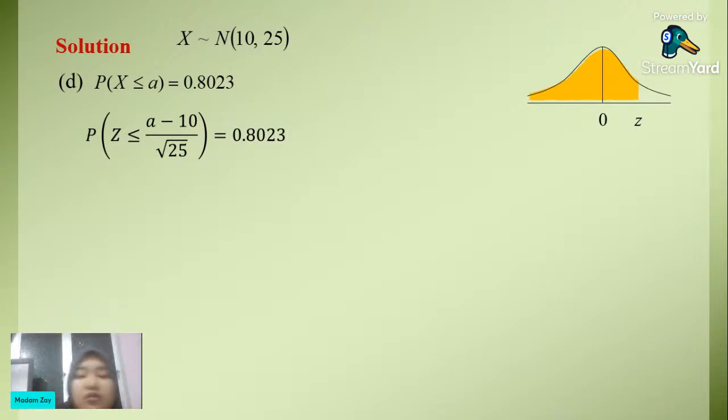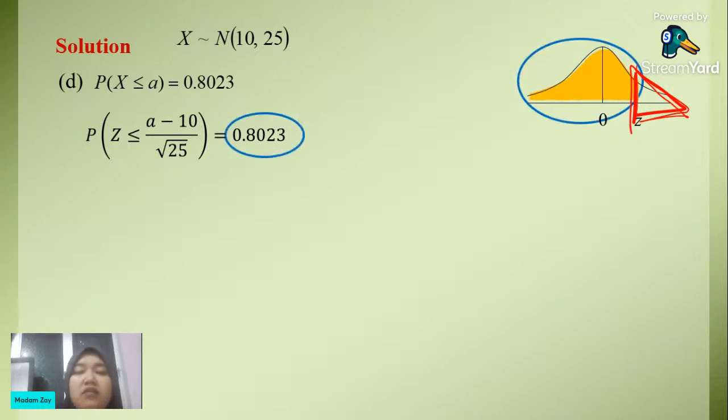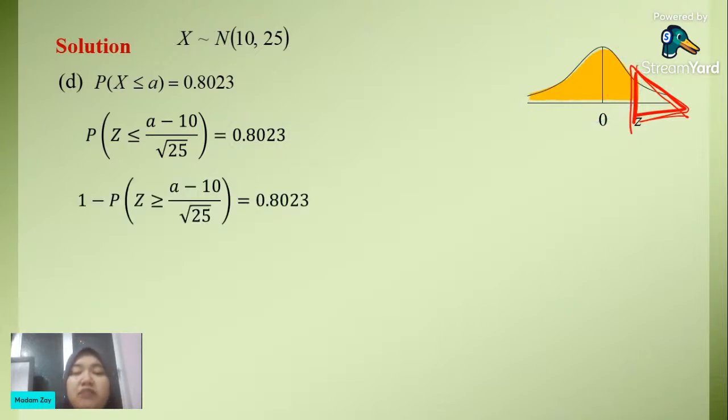Okay, so we just directly find out what this Z is by comparing to the table, but we need to subtract from 1. We have to take the complement because we only know the area for the smaller triangle. So 1 minus probability Z more than or equal to (A minus 10) over square root of 25 is equal to 0.8023.